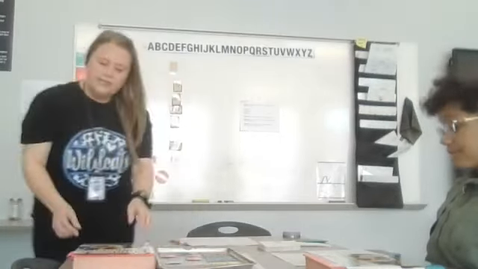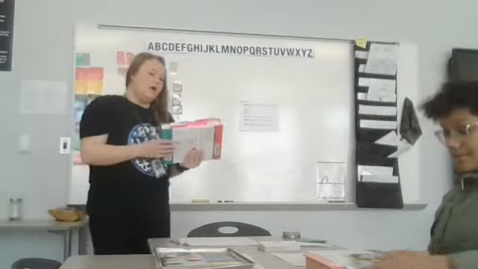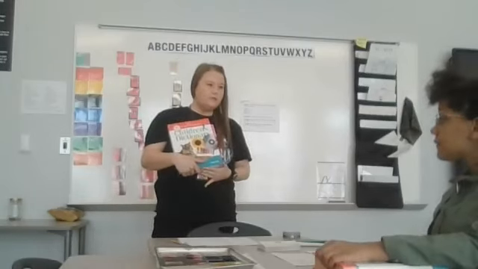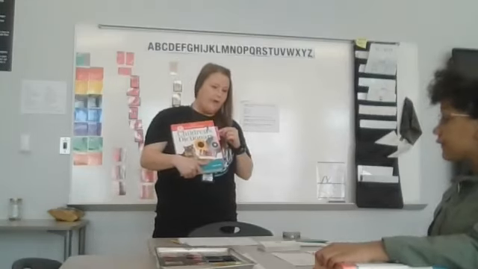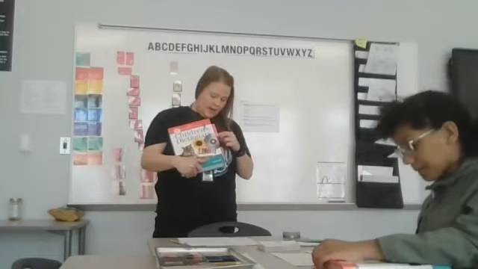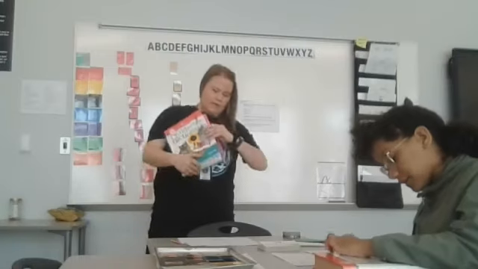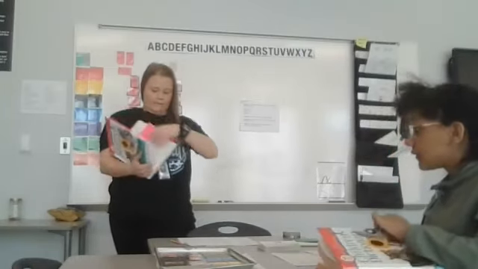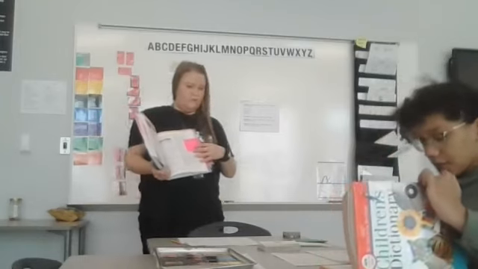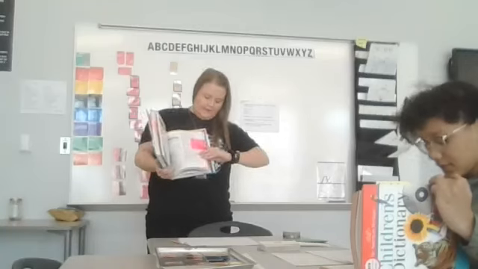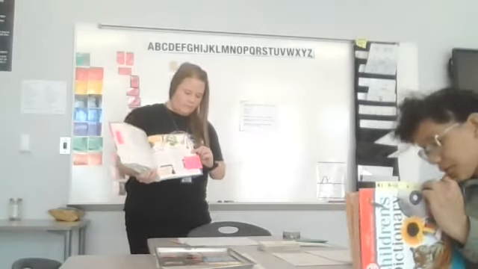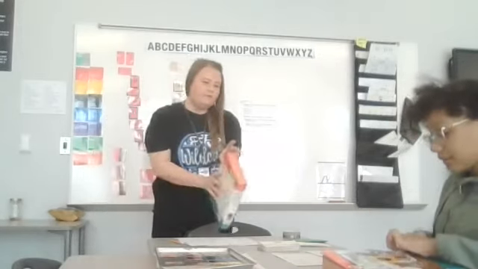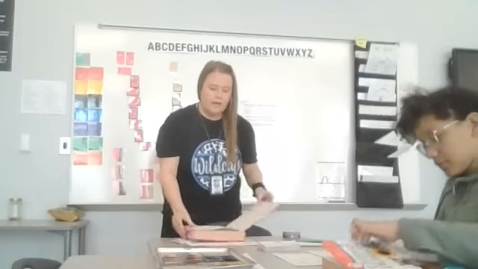So in your dictionary, you already have your quartiles sections. How many quartiles are there? 4. We have A through G, we have H through N. You can open it up. What else do we have? O through T, and U through Z. Can you open up to one of the first pages in your dictionary and point to a guide word?